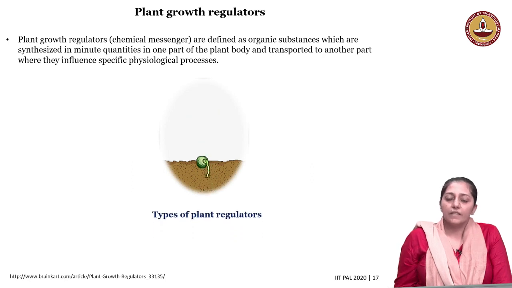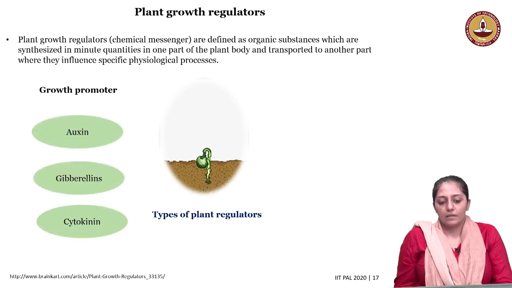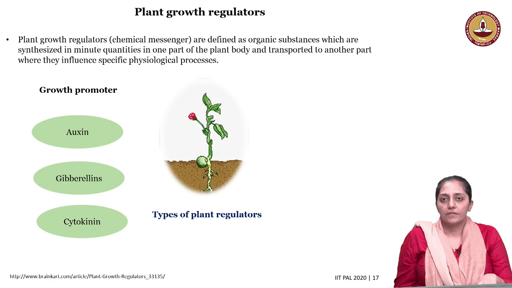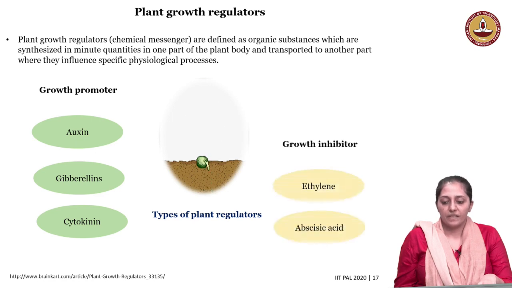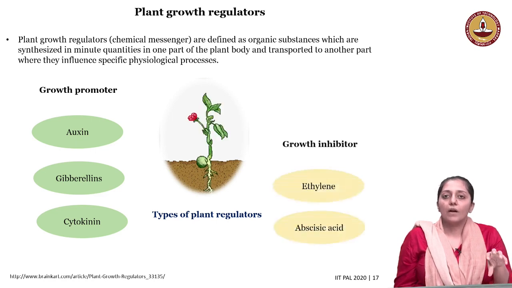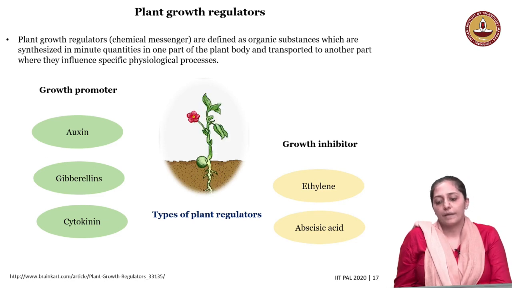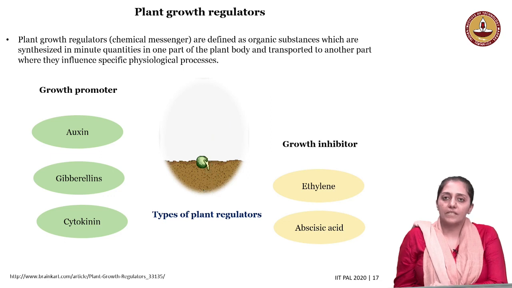There are various different kinds of plant growth regulators. We will study three classes: auxins, gibberellins, and cytokinins. These are plant growth promoting hormones or regulators. Talking about the regulators which are growth inhibitory, these are ethylene and abscisic acid.